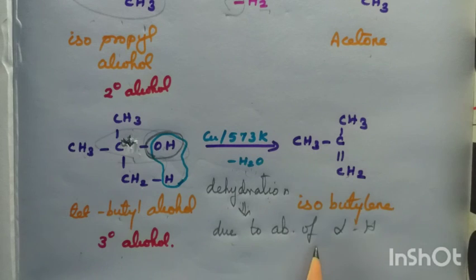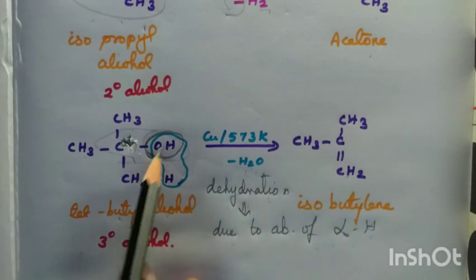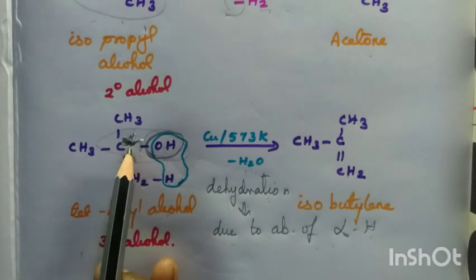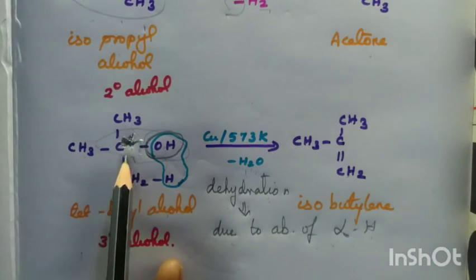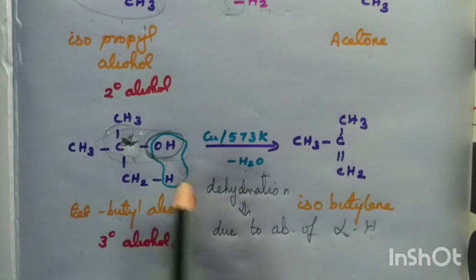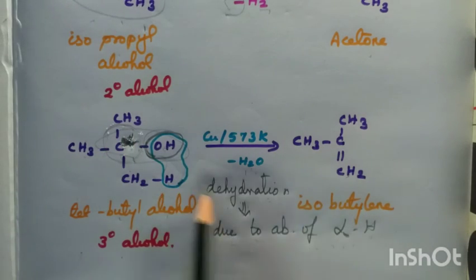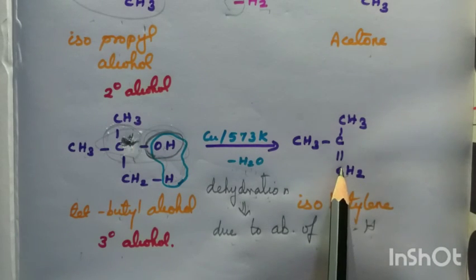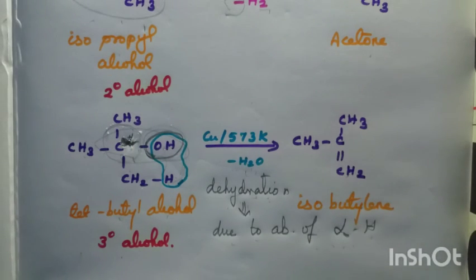Due to the absence of alpha hydrogen. What is alpha hydrogen? The alpha carbon is the carbon next to the functional group. Here we have no hydrogen atom, so it undergoes dehydration in this manner and we get isobutylene. So these are the chemical properties.